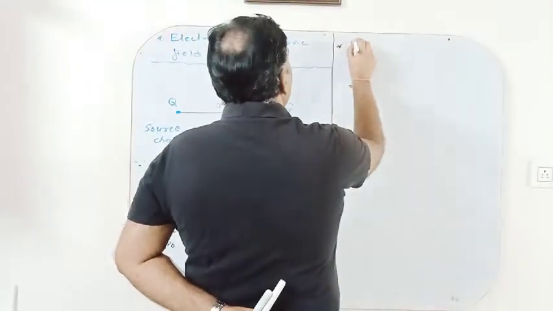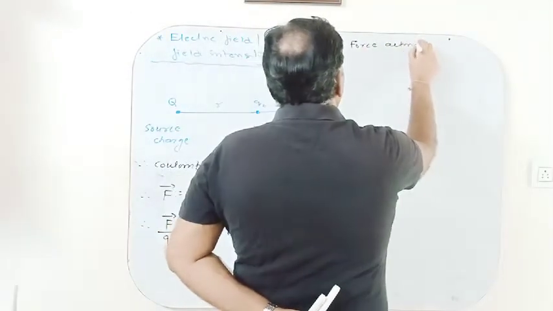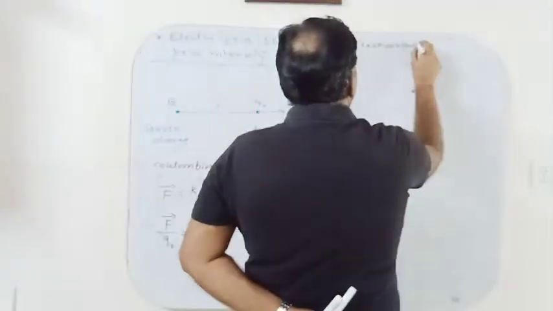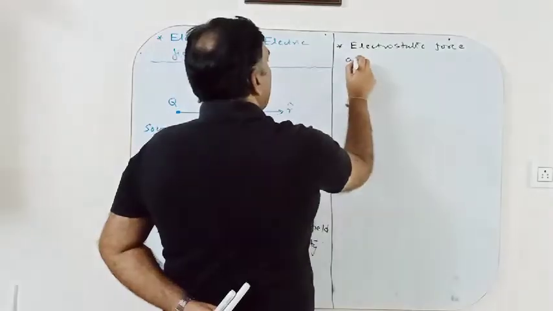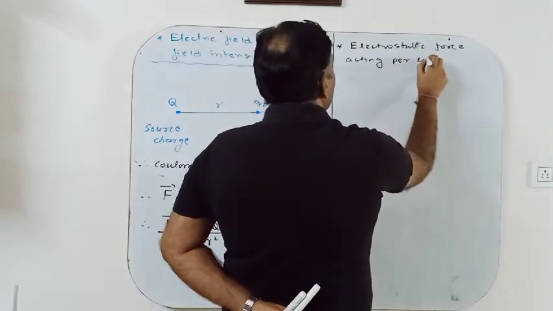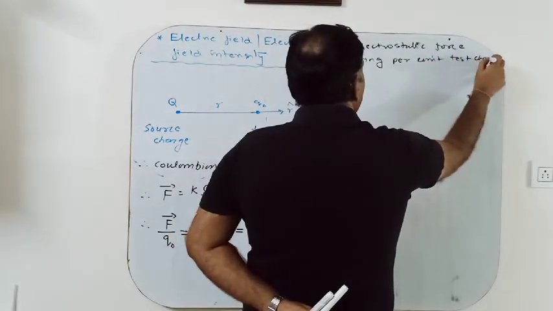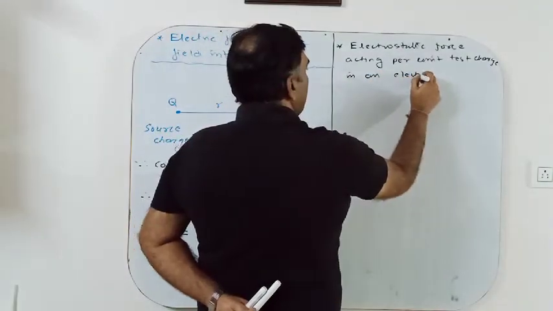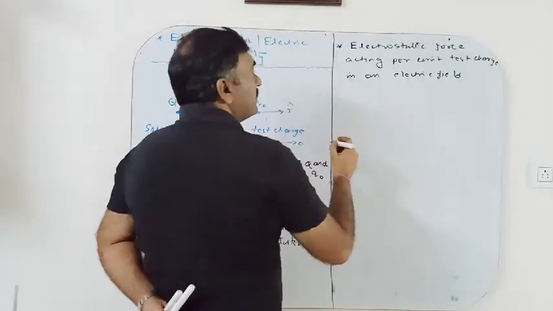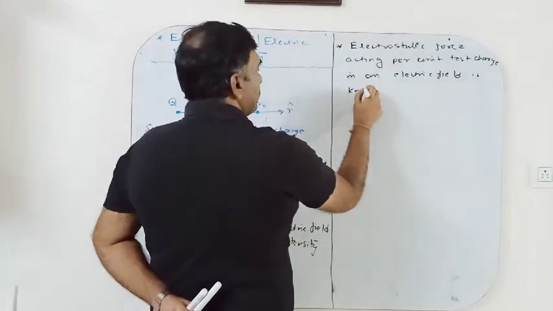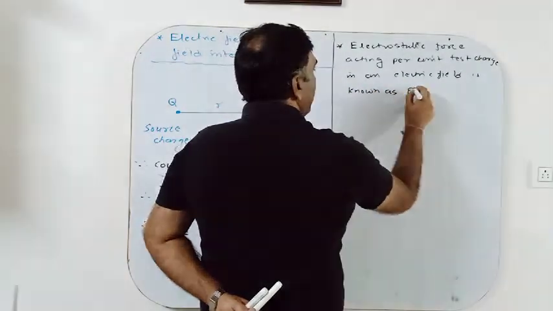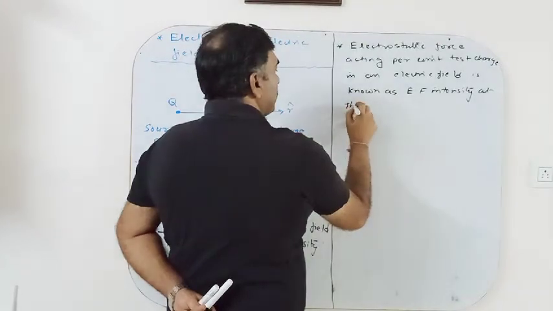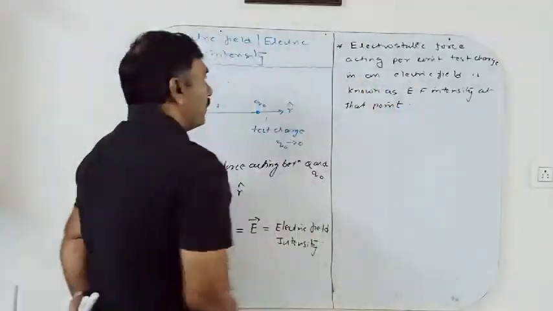So you can say that electrostatic force acting per unit test charge in an electric field is known as electric field intensity at that point. Okay, so simple.